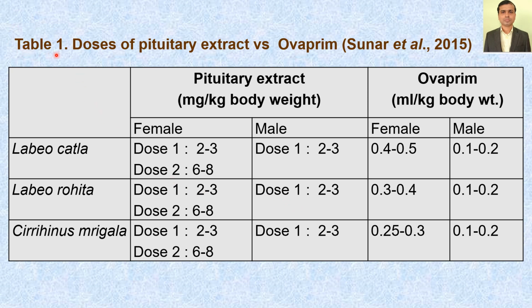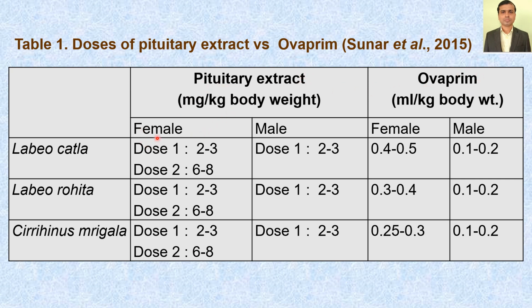The data presented in this table shows the differences between induced breeding by hypophysation and induced breeding by synthetic hormone. You can see doses of pituitary extract versus Ovaprim. In this table, three major carps, namely Labeo catla, Labeo rohita, and Cirrhinus mrigala are shown for the use of pituitary extract and Ovaprim.